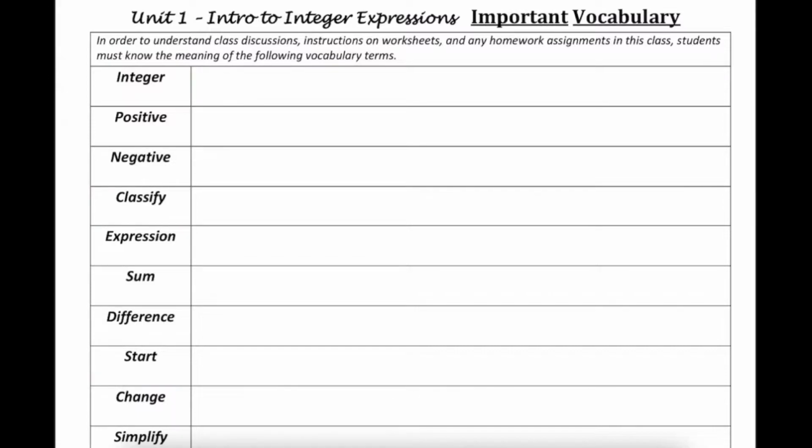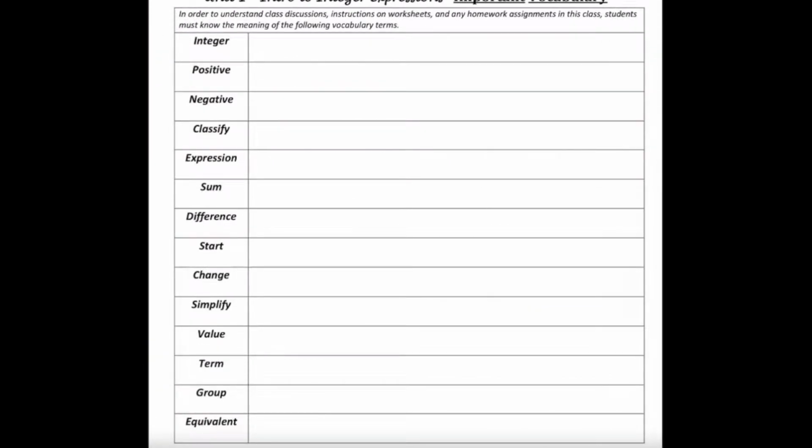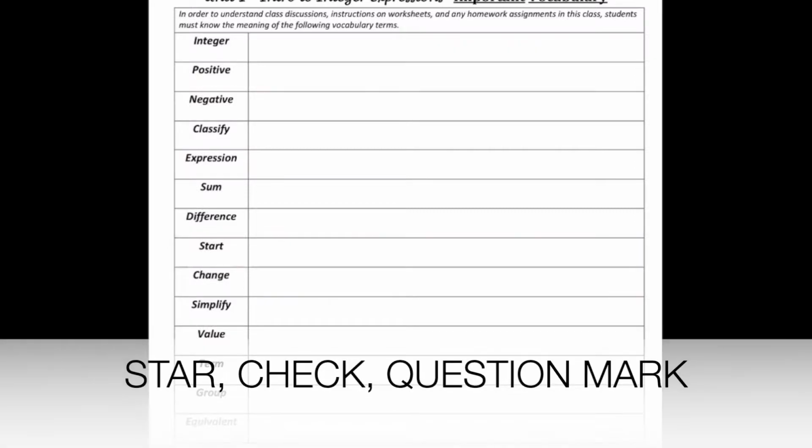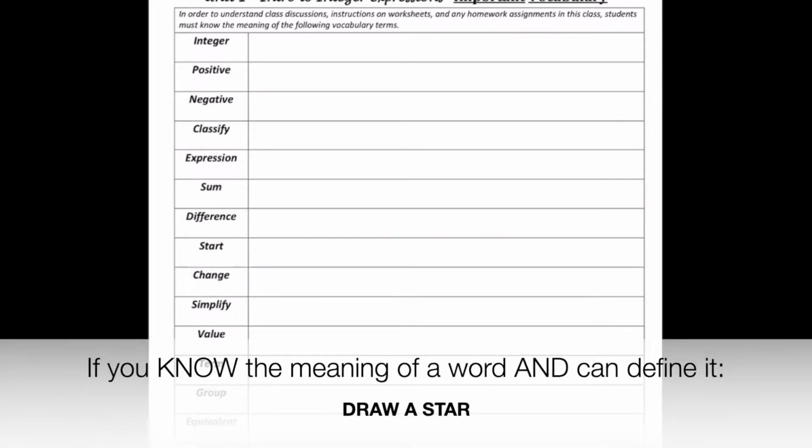Down below, you have all of the important vocabulary from this unit. In order to understand class discussions, instructions on worksheets, and any homework assignments in this class, you must know the meaning of these terms eventually. There are quite a few terms on this list, so I would like you to do something called a star, check, question mark. Going through this list, if you know the meaning of a word and you can define it, you put a star next to that word.